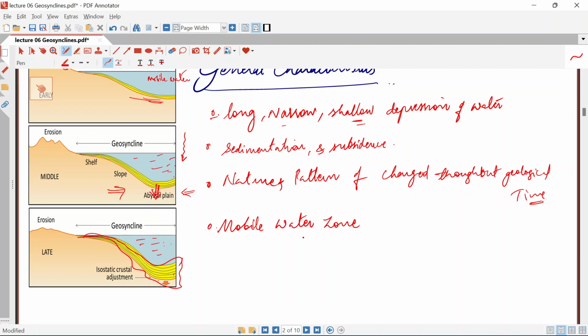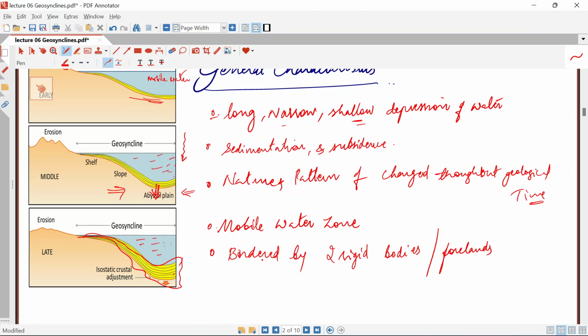So the general characteristics say that it must contain a mobile water zone. Then the next characteristic is that it is bordered by two rigid bodies, also called forelands.